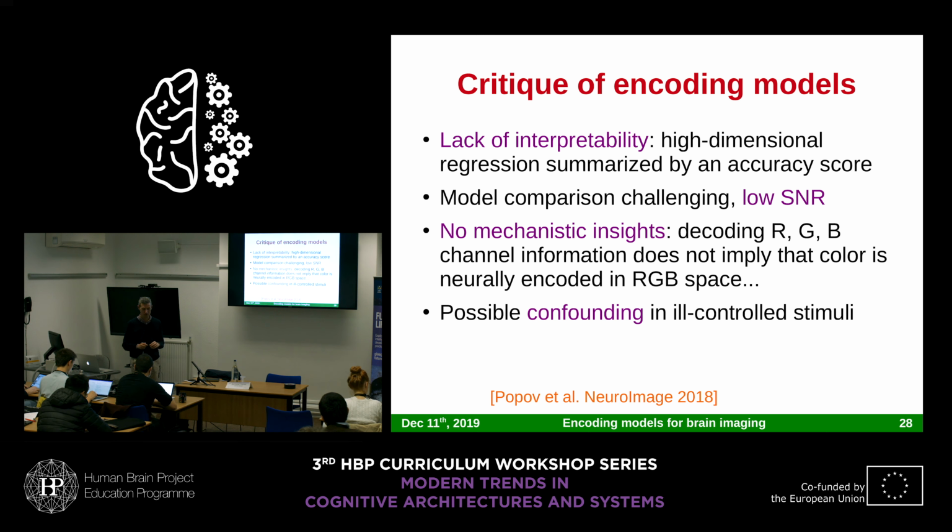So beware that the features of images have a complex correlation structure, and the occurrence of objects is maybe related to these features. And so it's very hard to avoid this confounding because it's present actually in the stimuli that we use.